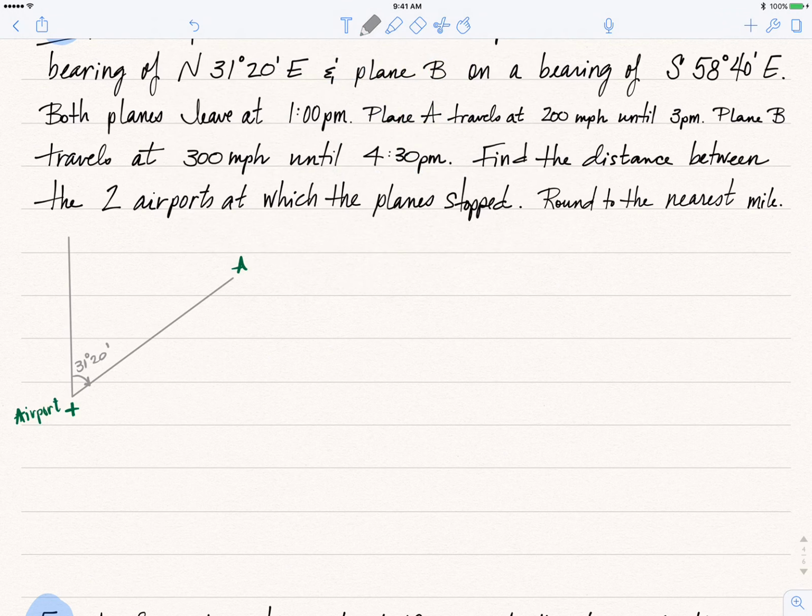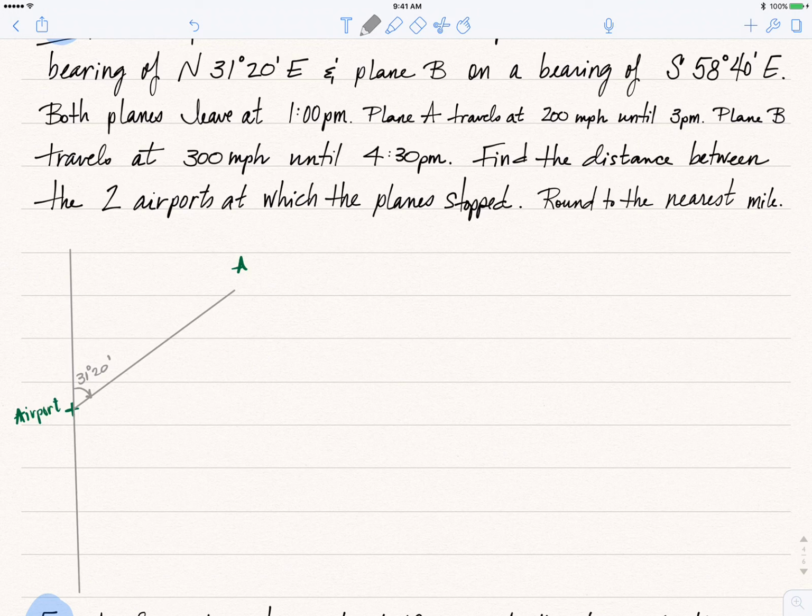Now let's go read about plane B. Plane B flew from the airport at a bearing of southeast. So here we have our, let me move this angle down just a hair so that it's actually at the airport.